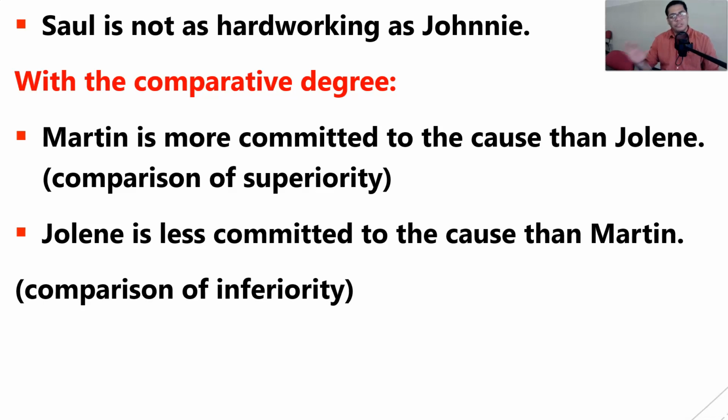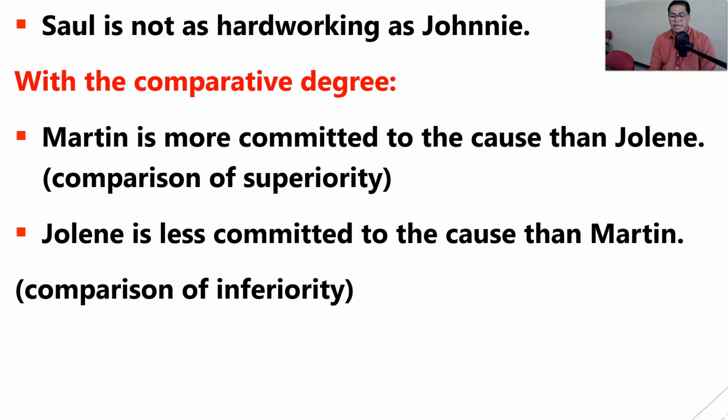Martin is committed and Jolene is committed as well, but one of them exhibits this quality to a higher degree. That is Martin. Martin is more committed. Maybe he's committed like 85% and Jolene is committed 75%.